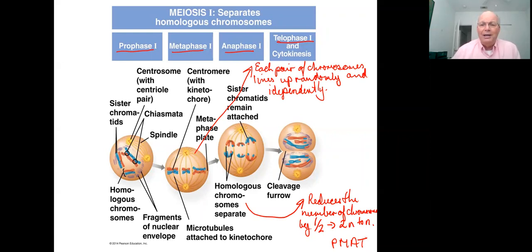We would be dividing the cells into two new daughter cells. If we're making eggs, cytokinesis does not happen. New nuclei form, but cytokinesis does not happen. So let me put that in here.